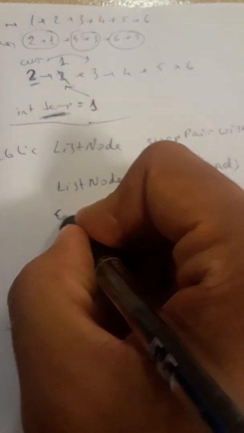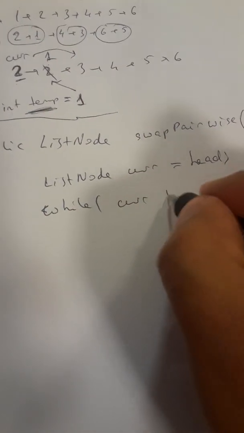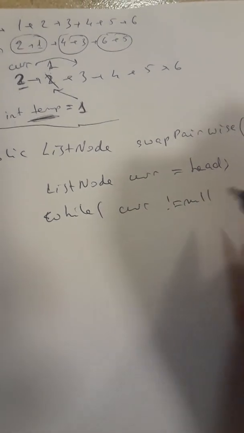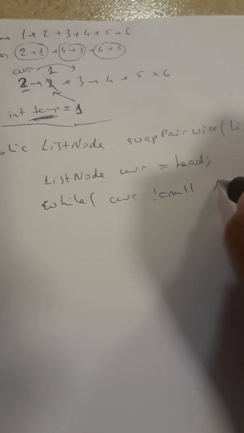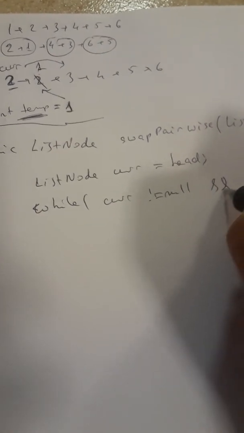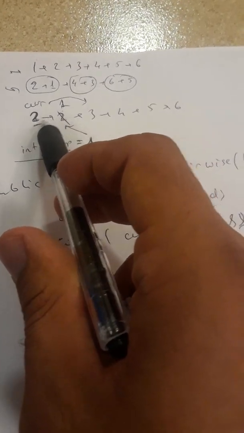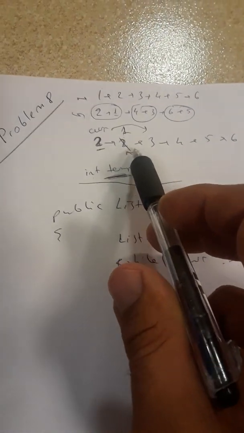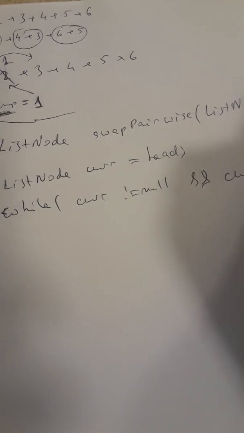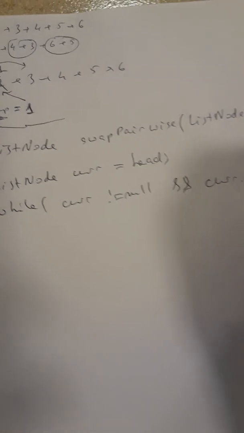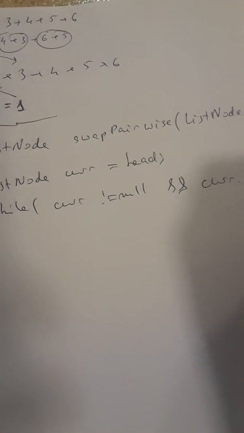Then we will initialize a while loop. We'll run our while loop until current is equal to null, and since we're going to jump over two nodes at a time in the linked list, we'll also need to always check that our next node is not equal to null.